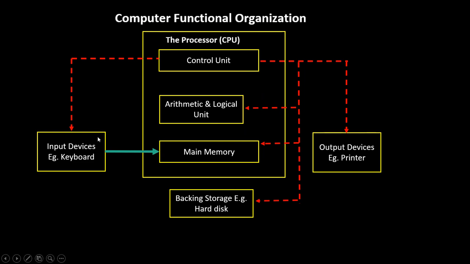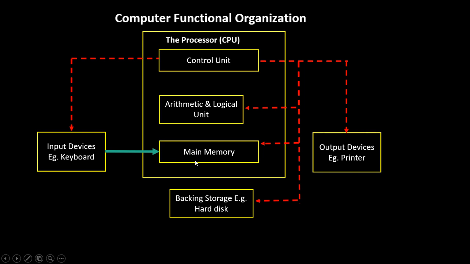But when that data is entered, the first device that will receive it within the processor, within the CPU, is the component known as main memory, not the arithmetic and logical unit, not the control unit. And mark me clearly that this memory is known as main memory.